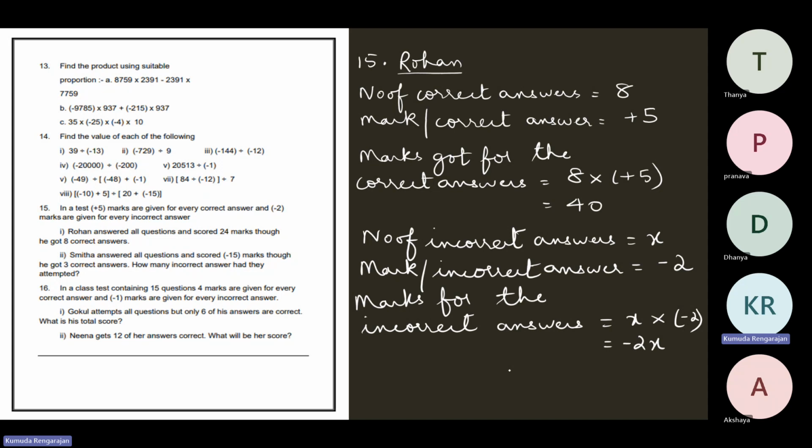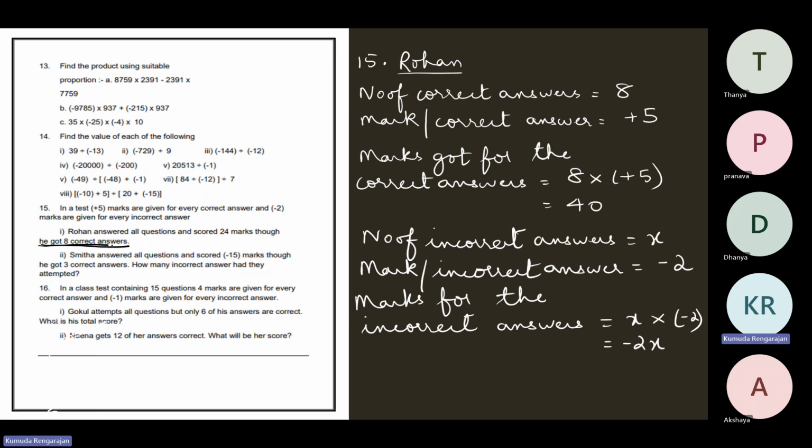You need to know the number of questions he's answered correctly and the number of questions he's answered incorrectly. It's given here. You can see here, he got 8 correct answers.